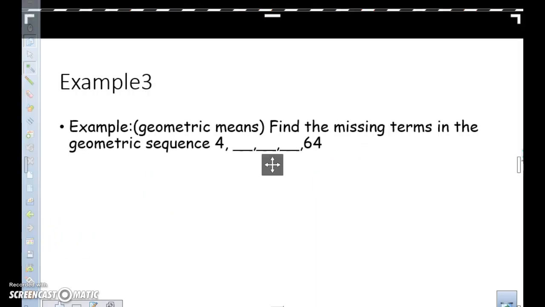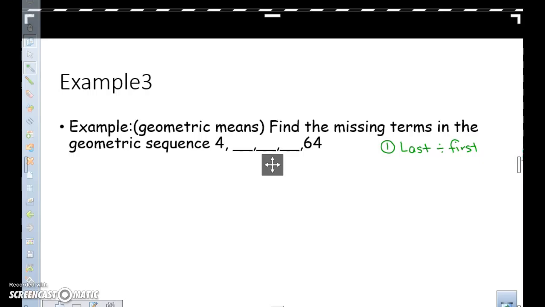That's the geometric sequence. We got to figure out what the pattern would need to be. Step 1, if you have to find the missing in between, you're going to take the last number divided by the first number. So let's do that. We got to figure out what we're going to have to multiply by every time.